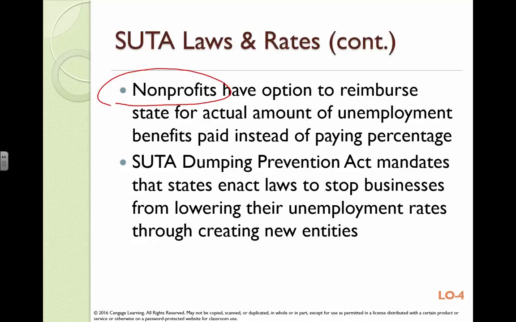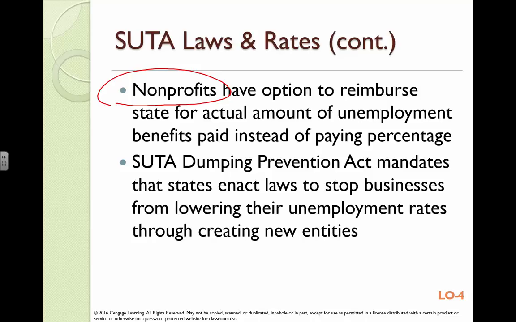They've got 140 employees, they've got 7 youth homes all over western Montana. They don't pay SUTA, which is a huge savings on 140, 150 employees. But if somebody gets laid off for reasons that would qualify for unemployment benefits, they've got to write the state a check directly for that person's unemployment.